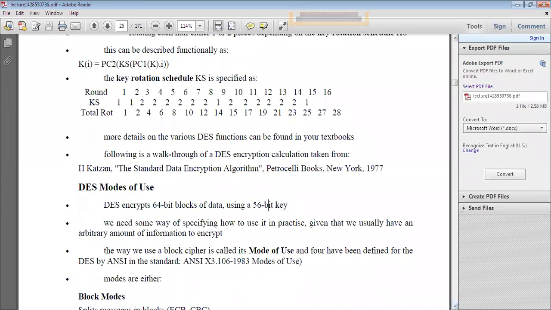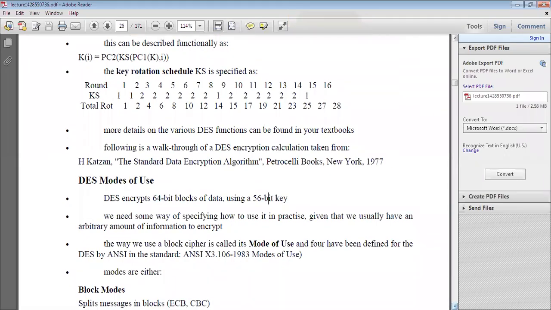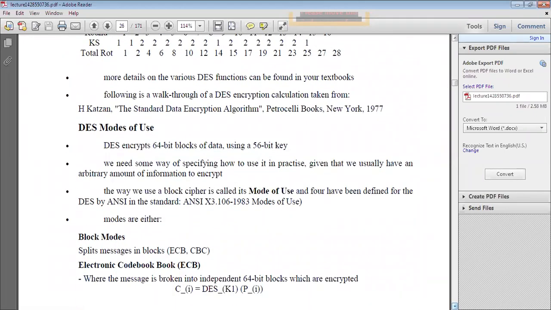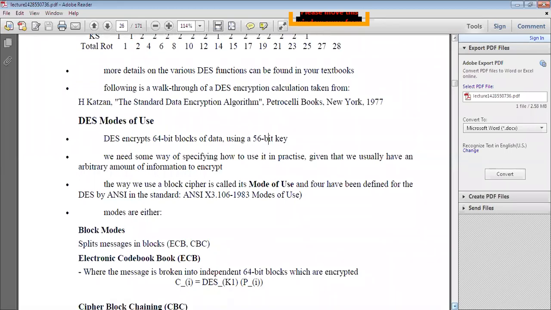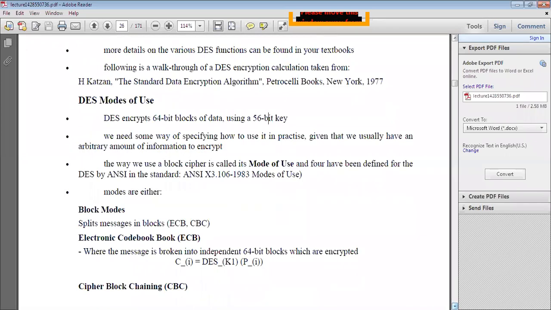Generally what type of modes do we use here to split the plain text into blocks? Generally you use two block modes. One is the electronic code book, and cipher block chaining. These two block modes you use in real-time environments.